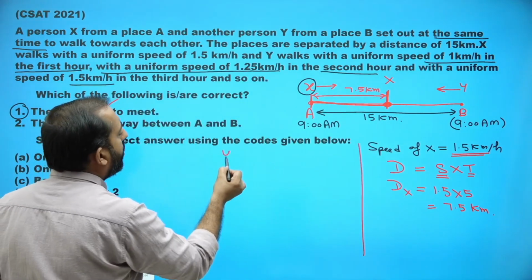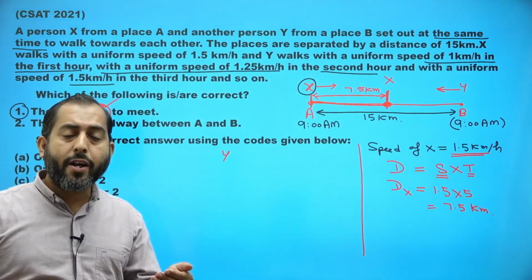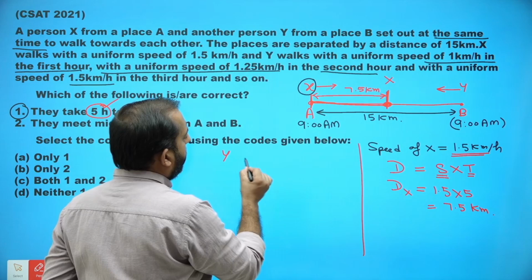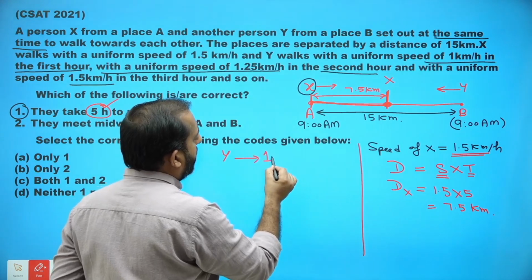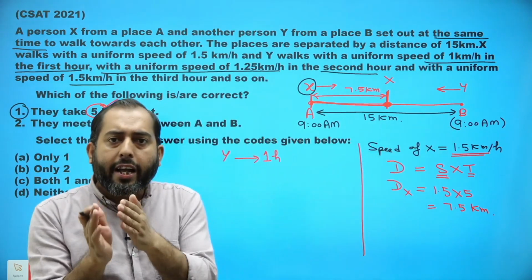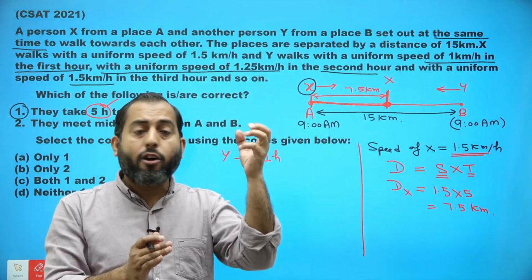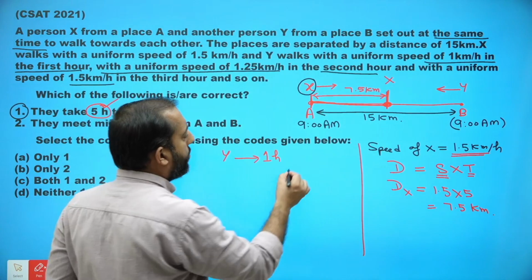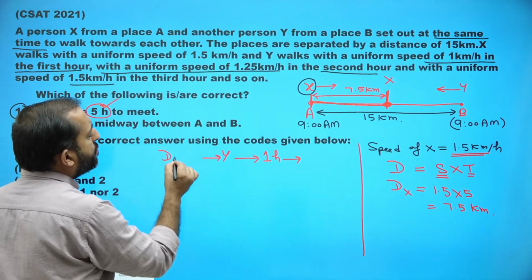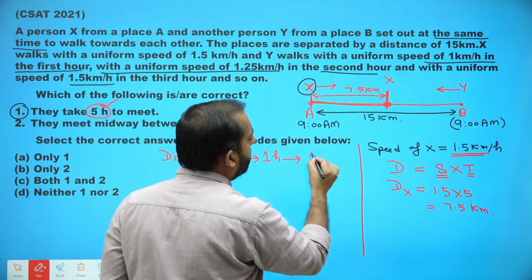I can see Y is not traveling with uniform speed. Y is changing its speed after every 1 hour. So if I talk about the very first hour, we have started from 9 a.m., so 9 till 10, the speed of Y is 1 kilometer per hour.